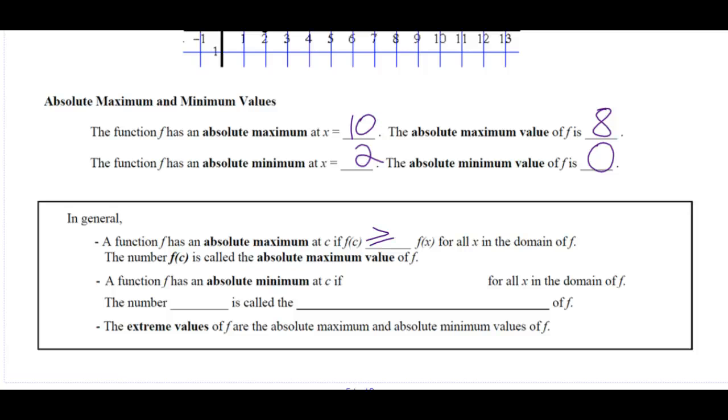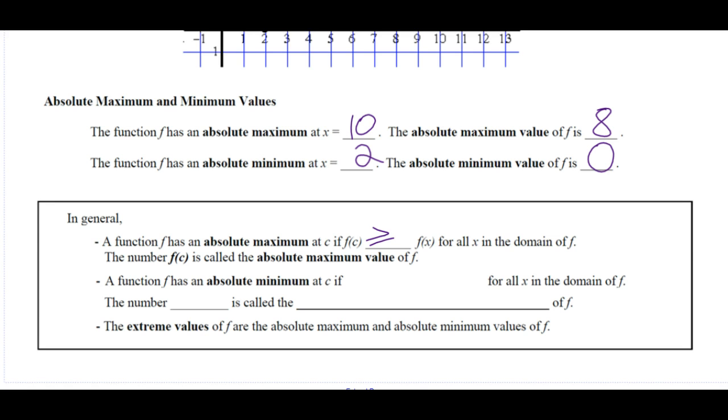So if there is a point c, or an x value of c, such that f of c is greater than or equal to f of x for all x in the domain, that's every x, then this is the absolute biggest. That's what we mean by absolute maximum. The number f of c is called the absolute maximum value of f.